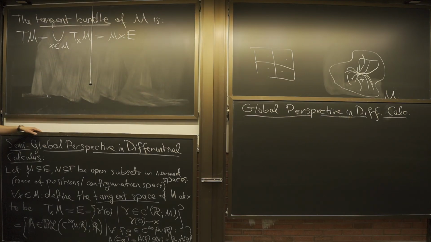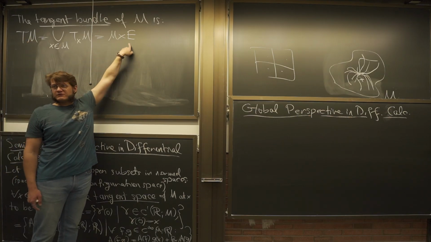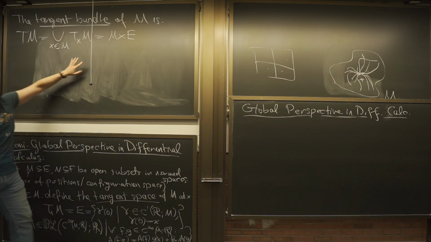So M keeps track of positions. It's the configuration space. On the other hand, TM keeps track of both positions and velocities. This is what is called the phase space.